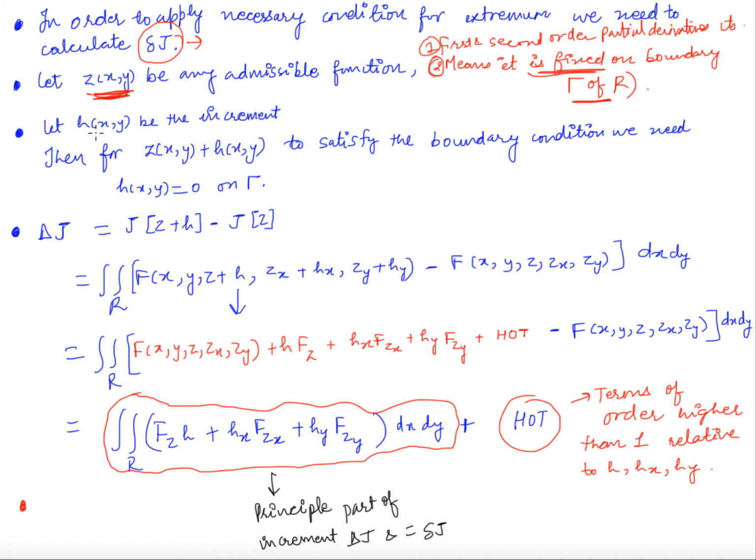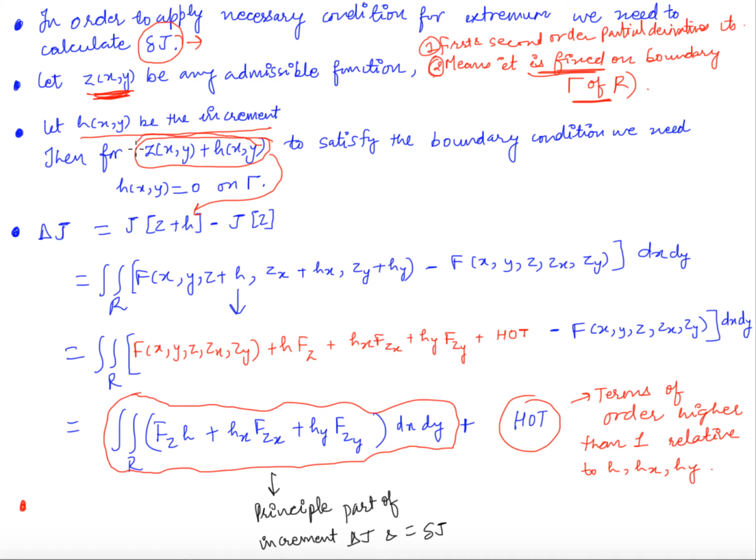Okay, so now let h(x,y) be the increment. It means that this function, you are using it as an input to your functional, so this function should also come from your admissible set.